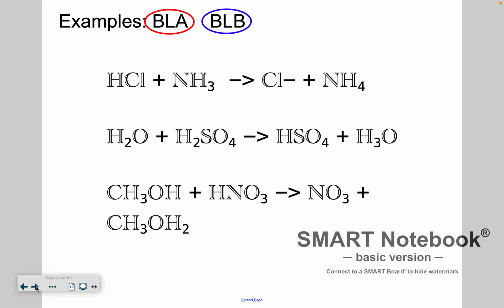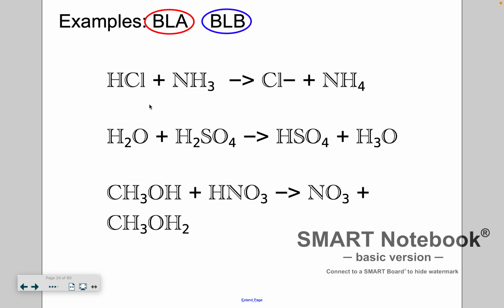Let's do a couple examples together. Hydrochloric acid plus NH3 produces chloride and ammonium, NH4. Here I have this HCl, and I look on the product side and notice a Cl is by itself. Where did that H go? If I look, it got transferred to the NH3, so now NH3 is NH4.